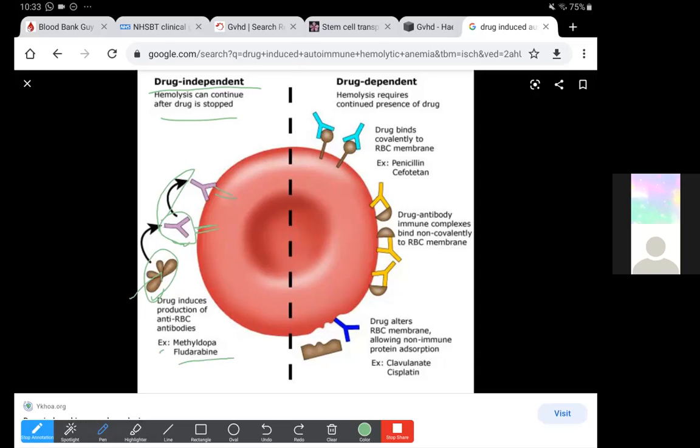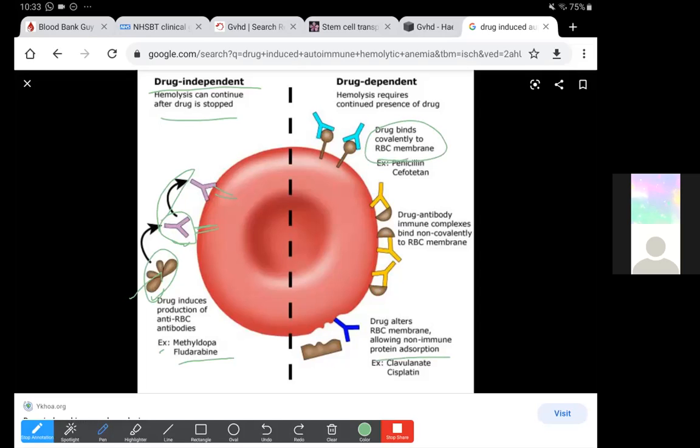The drug dependent ones are the ones that would either bind covalently to the RBC membrane, or they would alter the RBC membrane, allowing non-immune protein absorption. In all these cases, the hemolysis requires the continued presence of the drug.